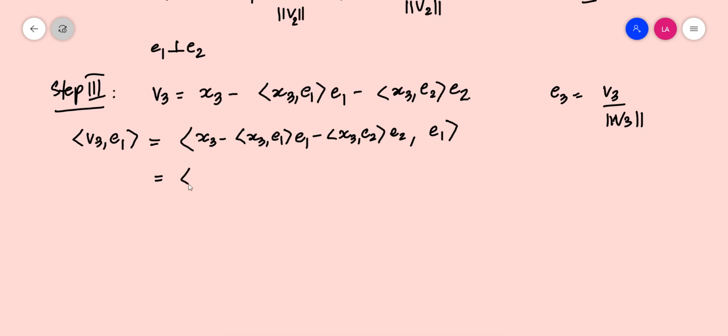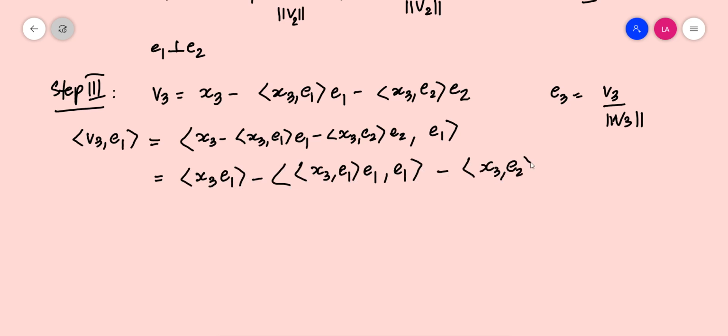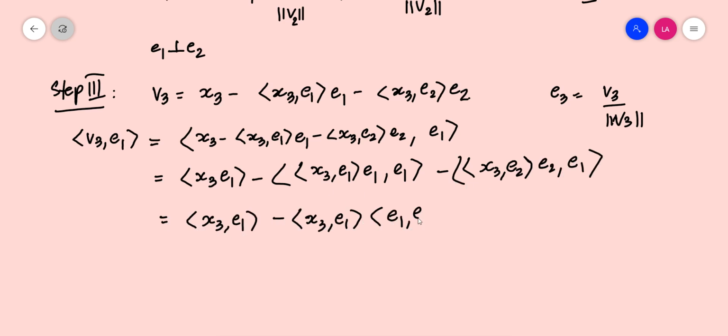By definition, this is inner product x3, e1 minus inner product x3, e1 times inner product e1, e1 minus inner product x3, e2 times inner product e2, e1. Now e1 and e2 are orthogonal, so this part goes to 0.